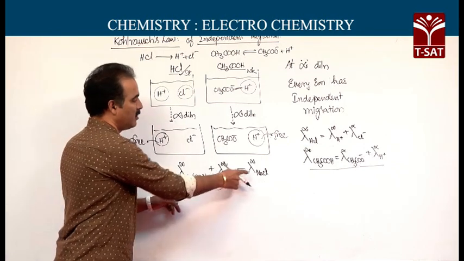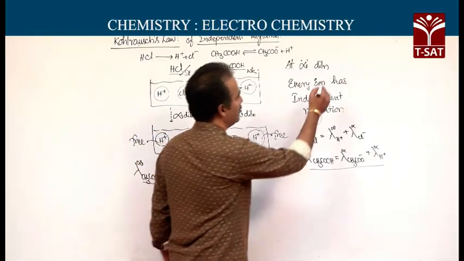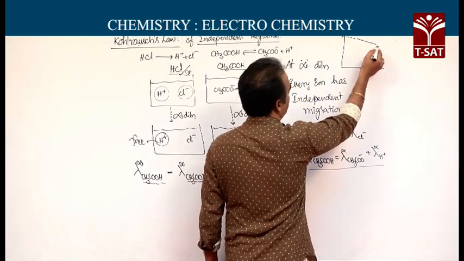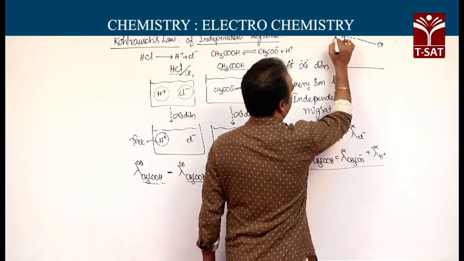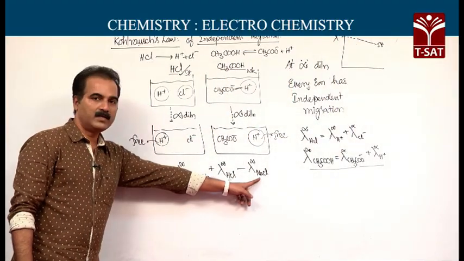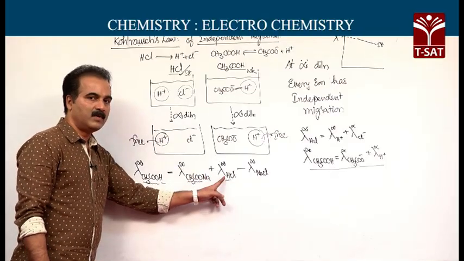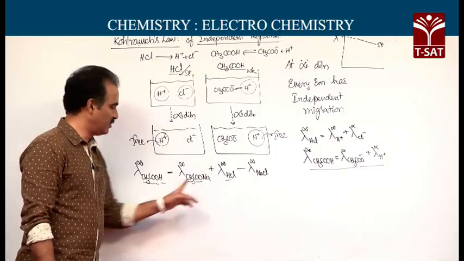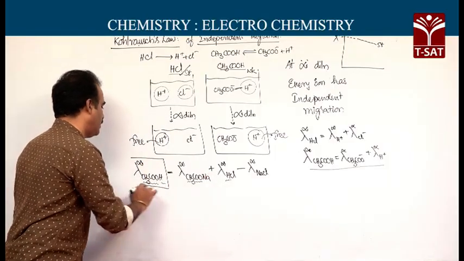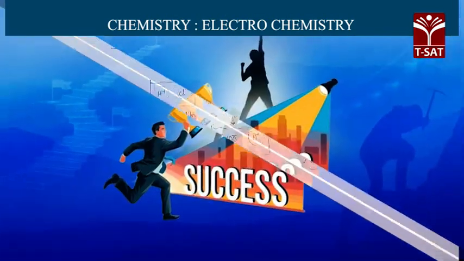For any strong electrolyte we can find lambda infinity by graph, as I said, like this. So, for all these strong electrolytes we can find lambda infinity, and taking the algebraic sum of these two followed by subtraction of NaCl will give you lambda infinity of a weak electrolyte. For any weak electrolyte we can write lambda infinity in terms of strong electrolytes.